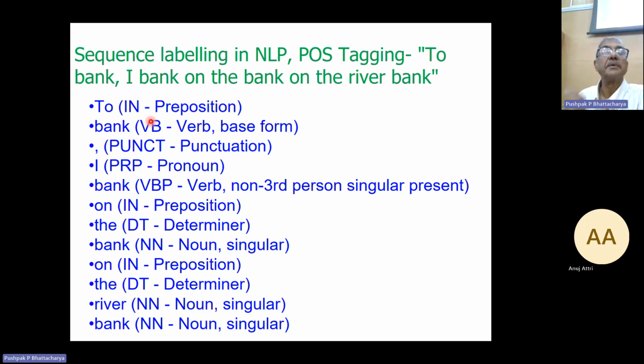Okay, they have to be found out. So these problems are typical in AI. In real life, we encounter such sequence labeling problem all the time. Okay, and the machine which is used for such purposes is hidden Markov model.